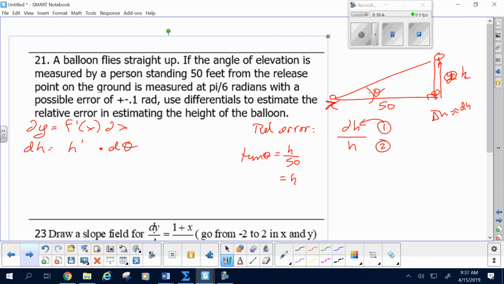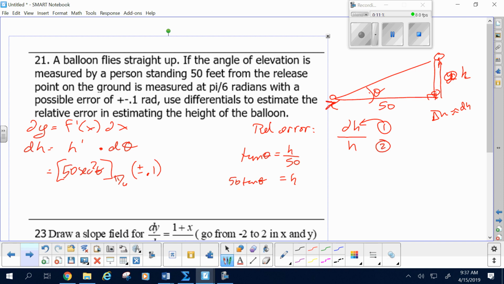And if we were to clean this up and solve it for h, h is 50 tangent theta. Do you agree? Yes. All right, cool. And when I find h prime, what is h prime? 50 secant squared theta at a theta of pi over 6. And what's the d theta? Plus or minus 0.1 radians.